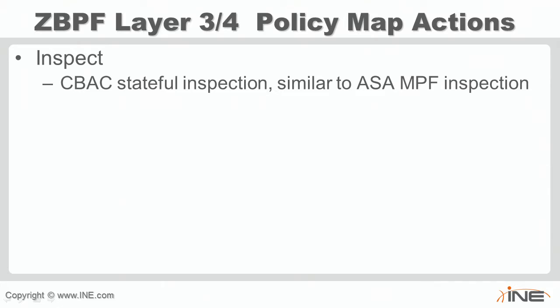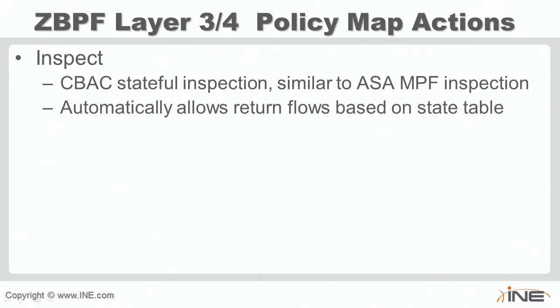Where the logic behind this is that if we are inspecting a packet, we're going to create an entry for the flow in a state table. Then if traffic is moving from the inside to the outside and we are inspecting it, when the traffic returns and tries to move from the outside back inside, we're going to check the state table to see if that traffic flow should be allowed.